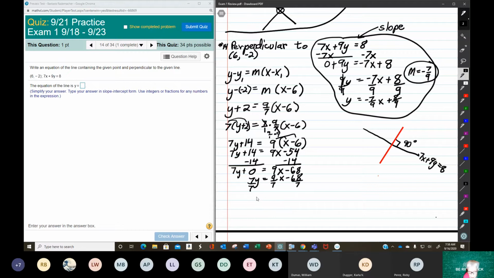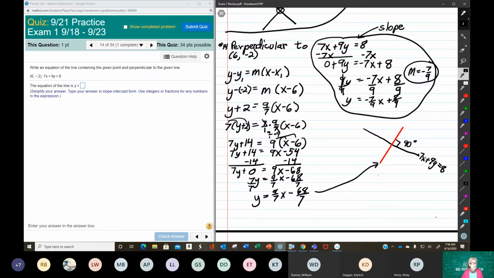So our equation is going to be y equals 9/7 x minus 68 over 7. And now this is the equation of this red line that's perpendicular to the line we were given.